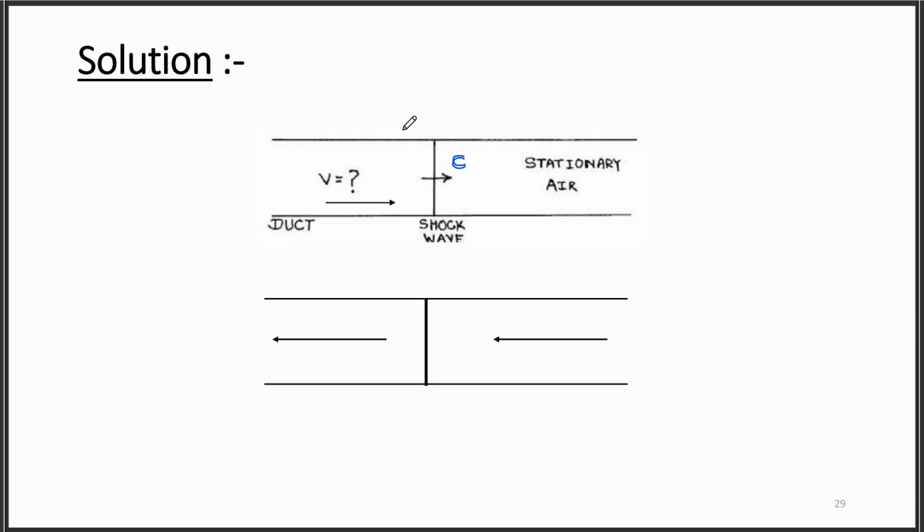If we add minus c everywhere, the shock wave will become stationary. So in this direction, let's say this is u1, u will become velocity c, and in this direction u2 will become c minus V.